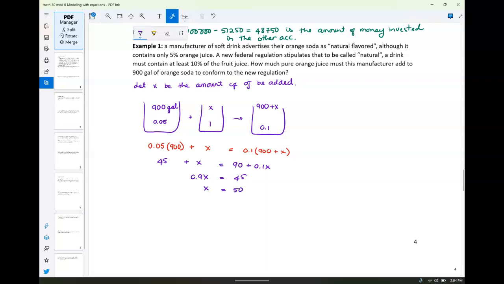So we have to add 50 gallons of orange juice into 900 gallons of soda with 5% orange juice in order to comply with the new regulation.